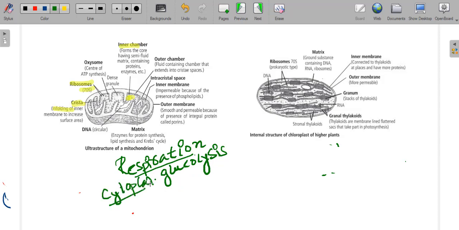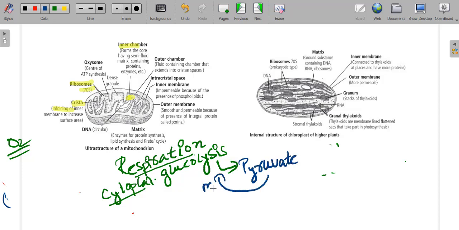Whenever it is aerobic respiration, that means oxygenated respiration, the cytoplasm breaks down the glucose by glycolysis, and then the glycolysis will give a product called pyruvate. The pyruvate will come to the mitochondria for producing ATP.